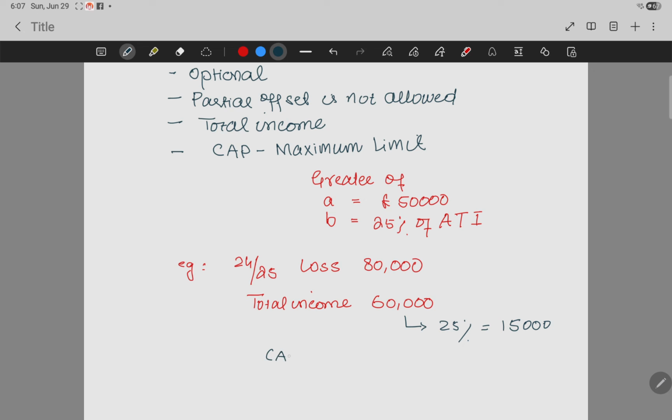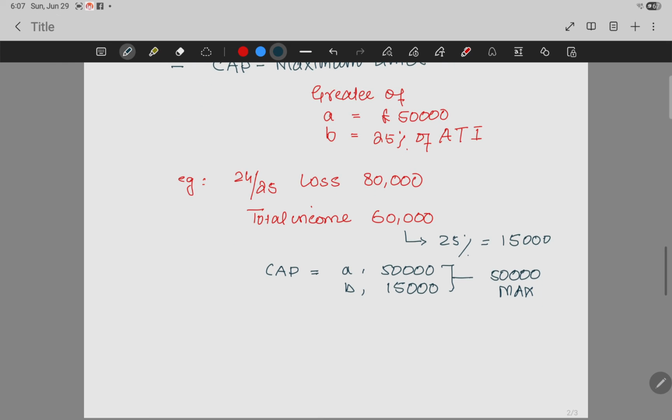So technically we have a cap of 50,000 and 25% of adjusted total income, so the greater of is the maximum value that we can offset against this.